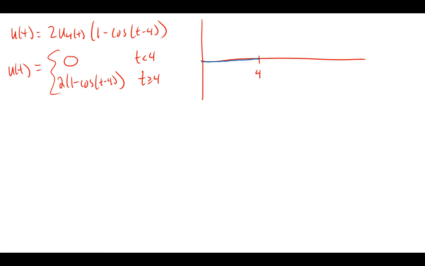The fact that it's minus means it's upside down. The fact that it's 1 minus means it's moved up 1. So rather than oscillating between -1 and 1, this will oscillate between 0 and 2. And then I'm doubling it, which I'm pretty sure means it'll oscillate between 0 and 4. So I'll put 4 up here.